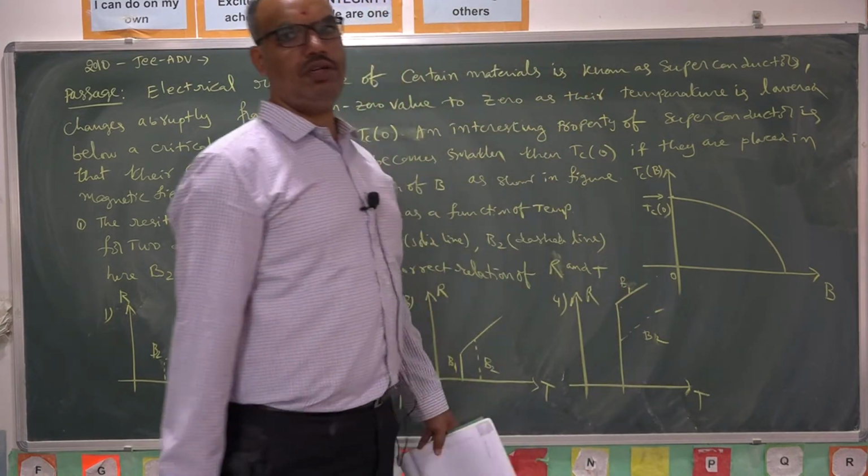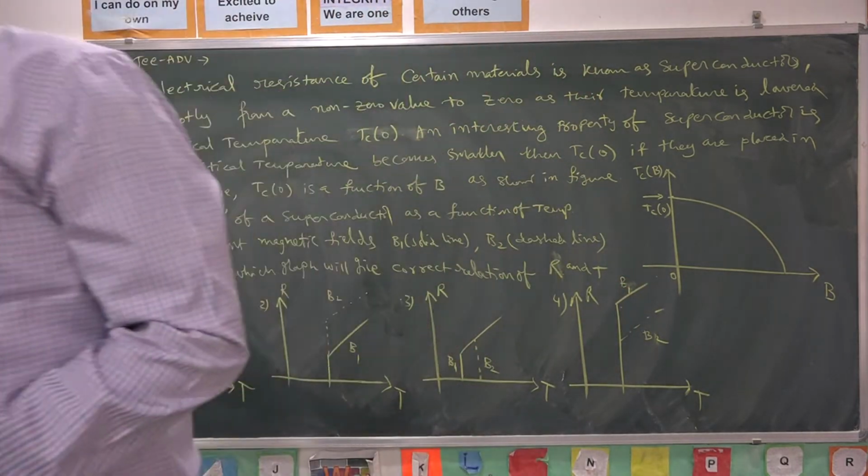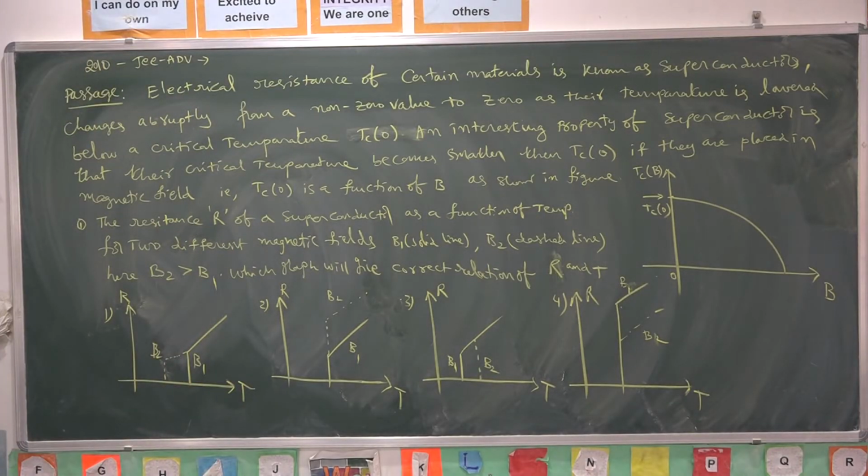So this is the question given for us. We need to do the solution. Solution is very, very simple, but you should read the question carefully before judging the option.